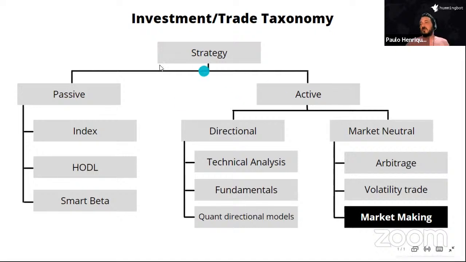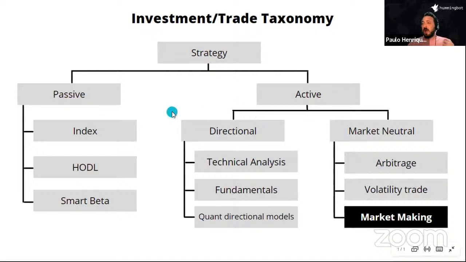If you take passive, you go to HODL, index funds, and similar, where you basically buy an asset and keep it in your wallet for a very long time. When you go to active, we are delving more into trading territory. The important part to understand is that there are two types of active trading.